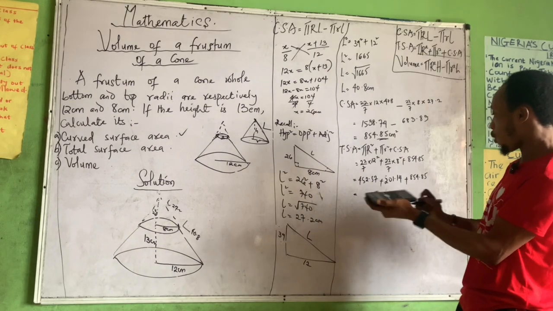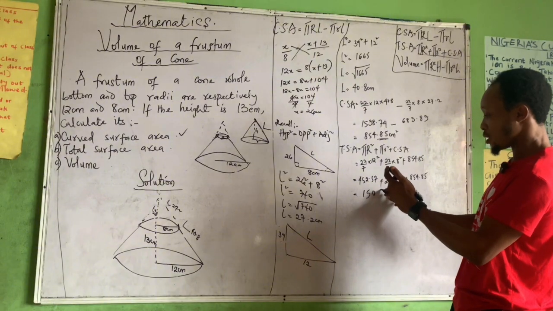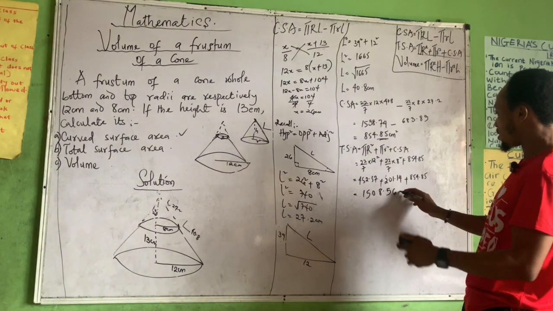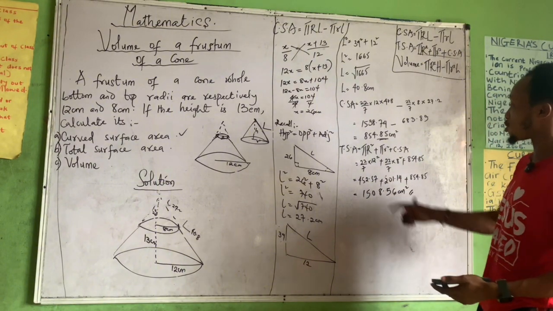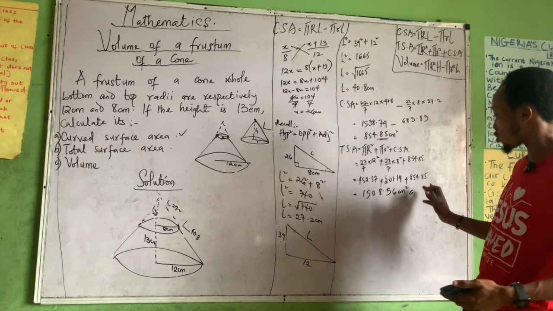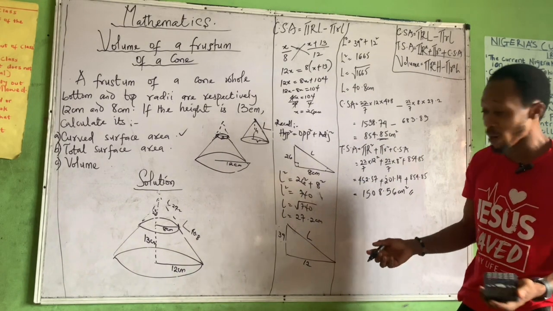So we have 1508.56 centimeters square, because it's total surface area. Also, area is always in centimeters square, square unit.